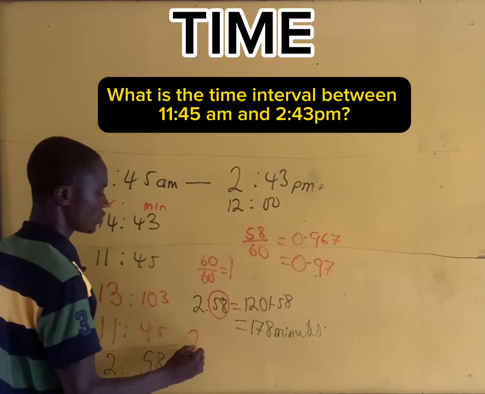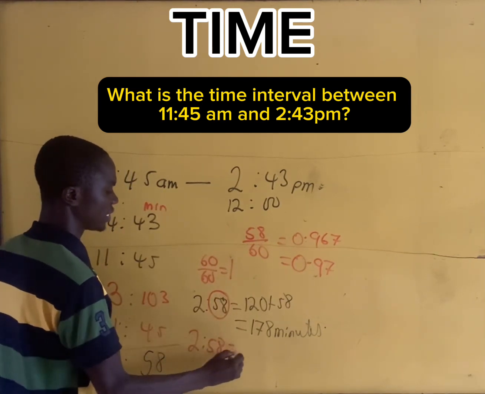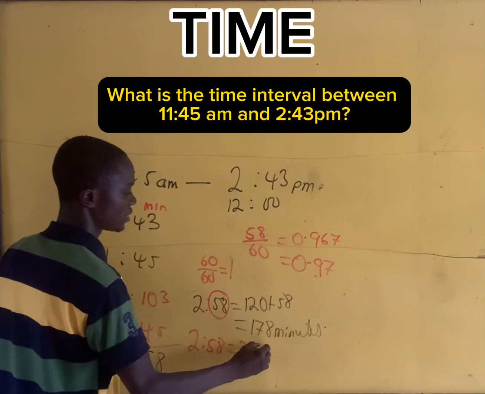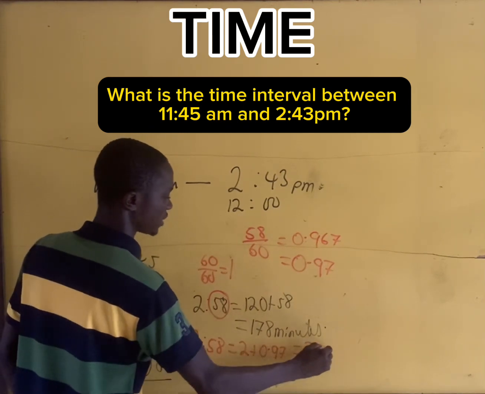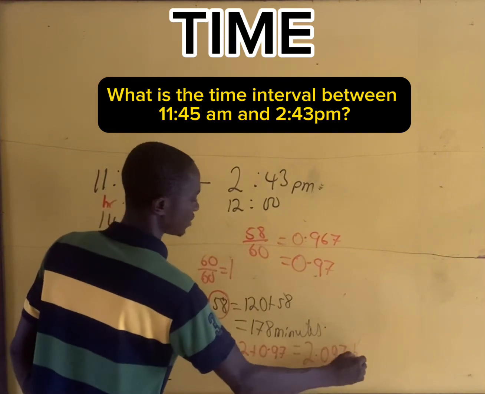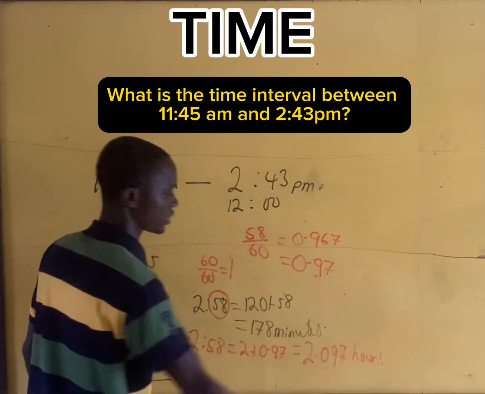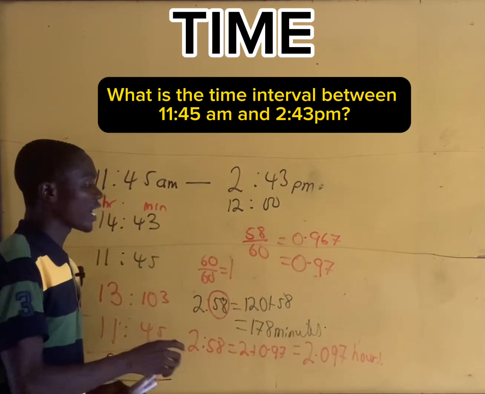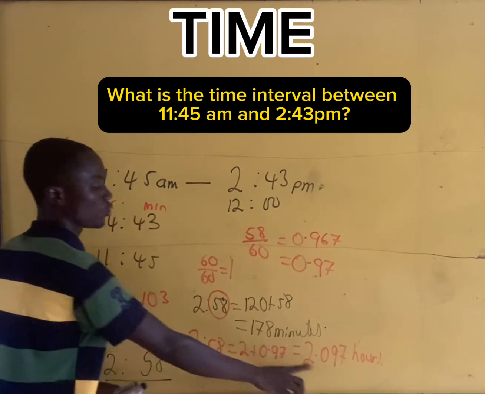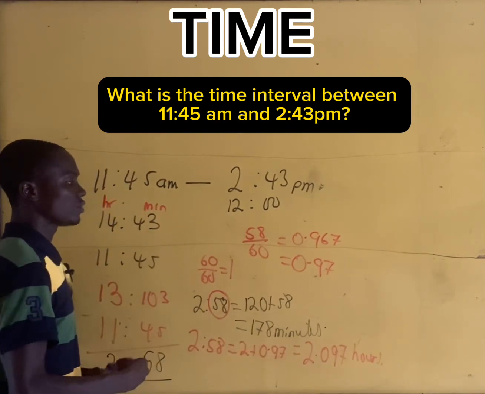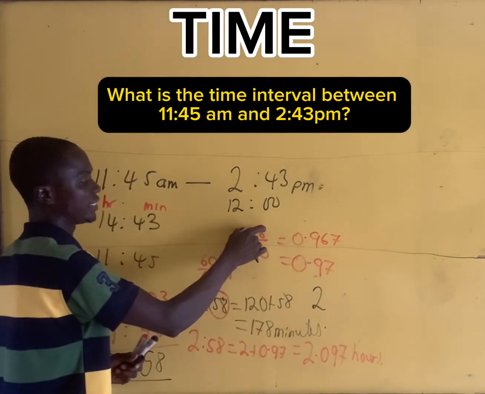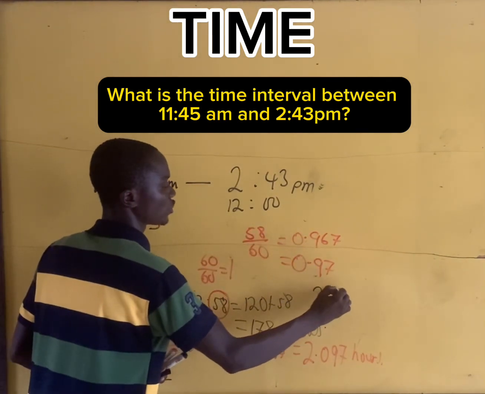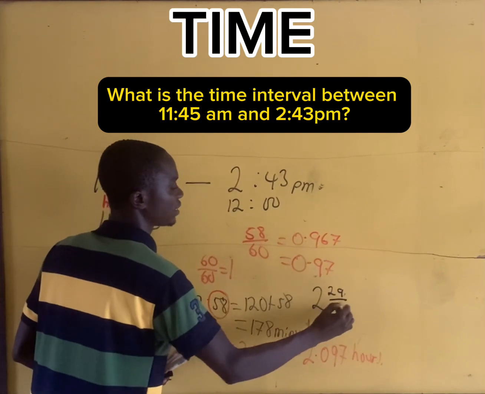Now, 58 minutes is the same as 0.97 hours. So 2 hours, 58 minutes is equal to 2 plus 0.97, which is the same as 2.97 hours. If you want to write your answer in hours without the decimal, then you use 2 hours, 29 divided by 30.